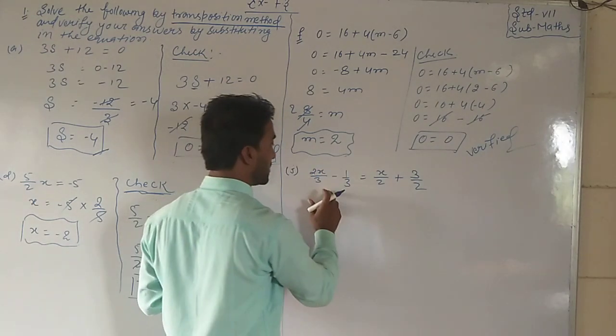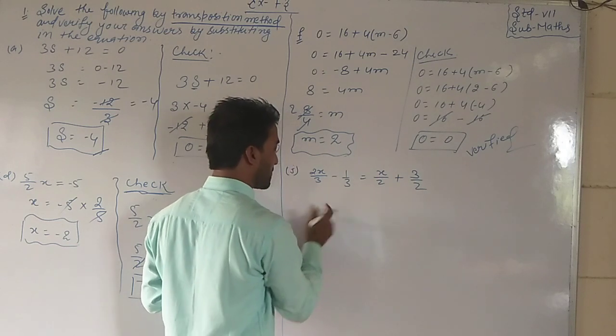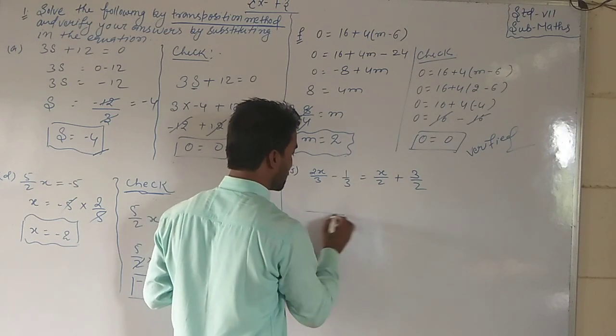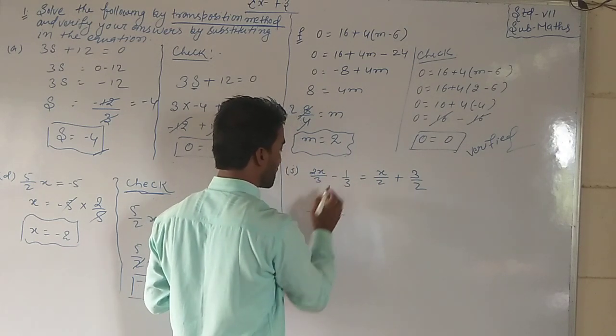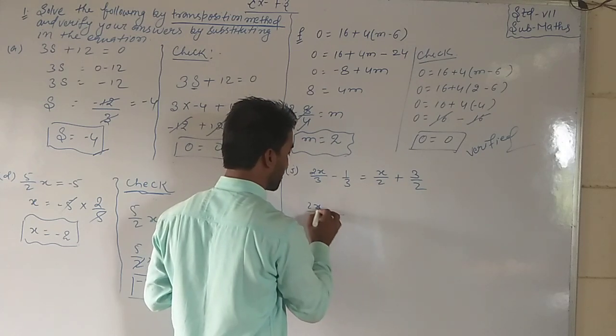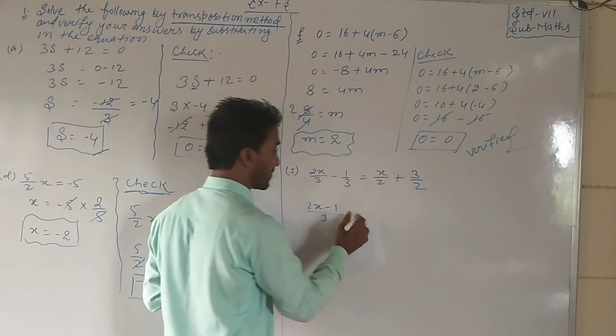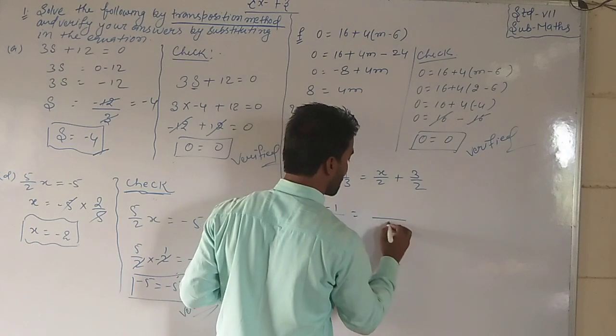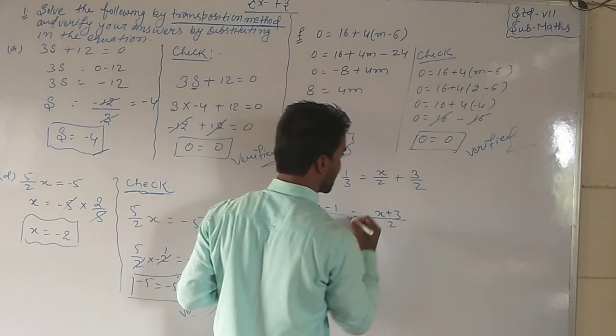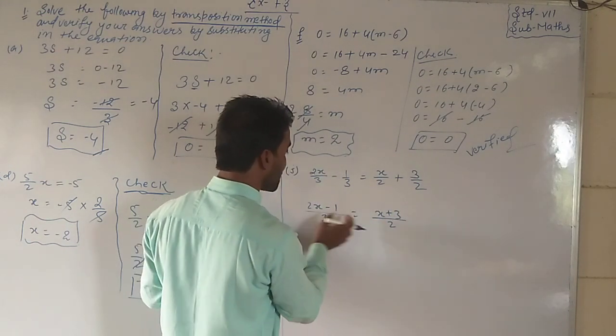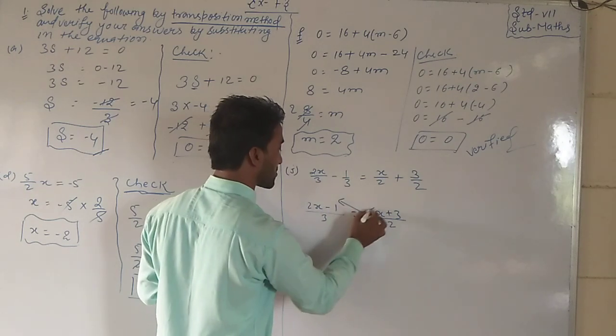See, 2x by 1 minus 3, in such a way we can take the LCM also. What will be the LCM? 3. 2x minus 1, because both denominators are equal. It is also x plus 3. So students, this will come this side and this will come this side.